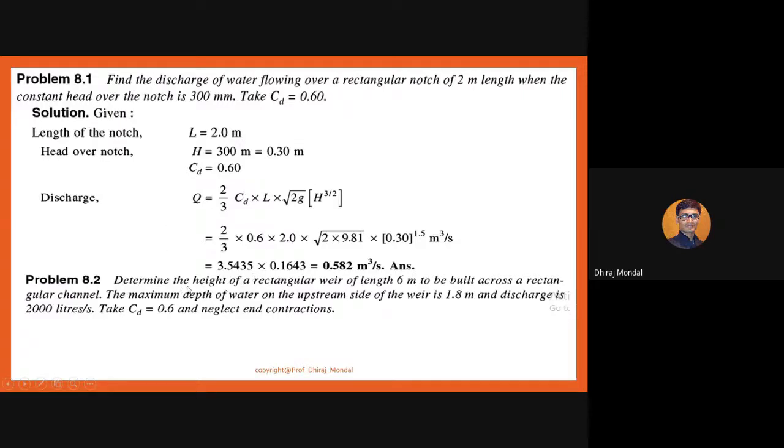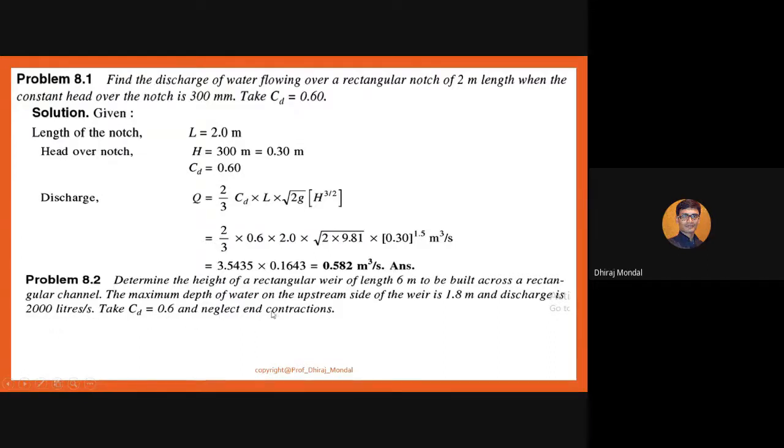Next problem: determine the height of a rectangular weir of length 6 meter to be built across a rectangular channel. The maximum depth of water on the upstream side of the weir is 1.8 meter and the discharge is 2000 liter per second.